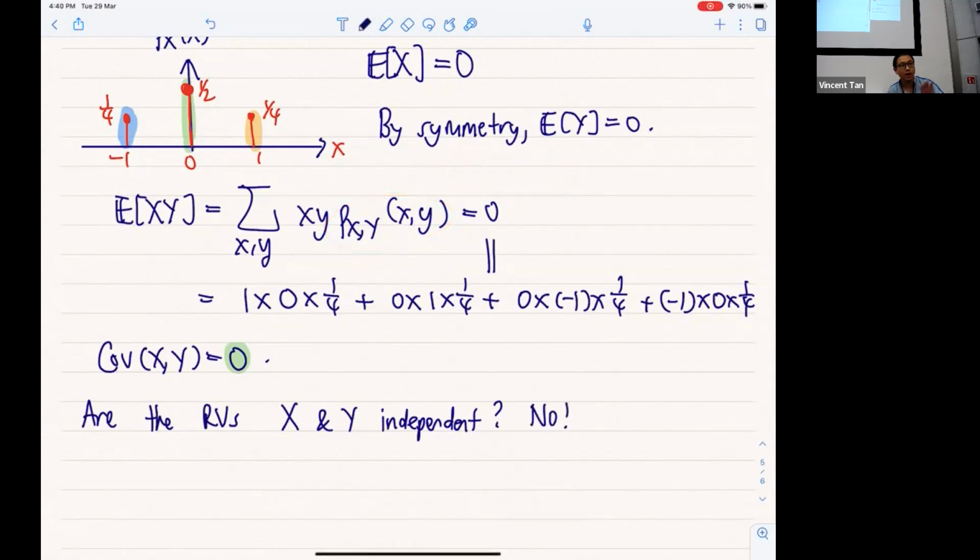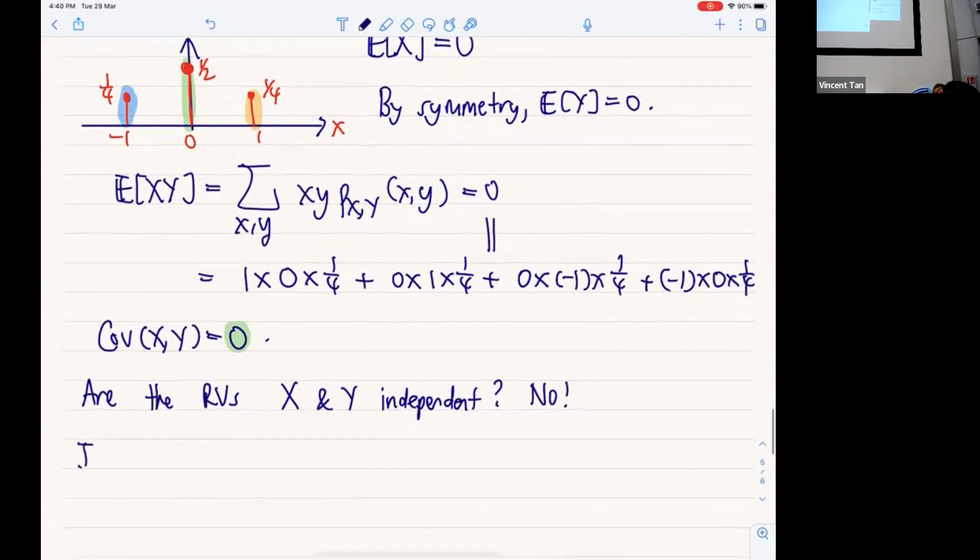We don't need to do too much work to determine that they are not independent. Why? Because if I know that X is not equal to 0, then I know that Y must be equal to 0.